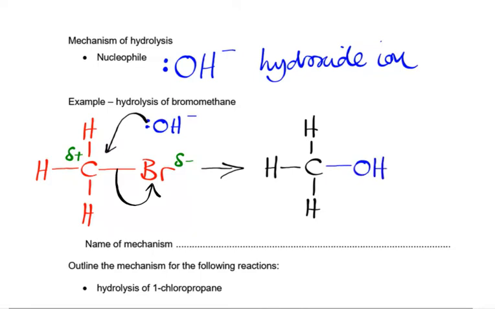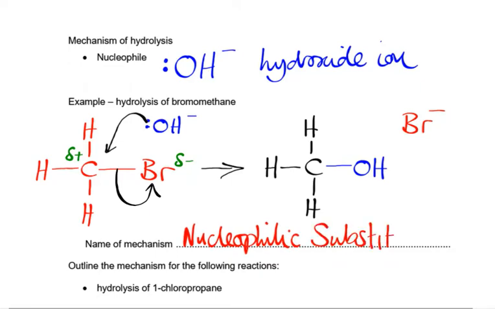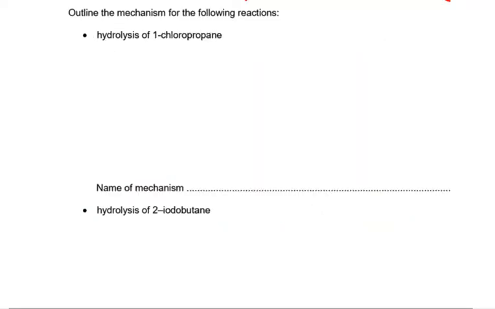So the oxygen is now bonded to the carbon, and we've kicked out the bromine in the form of a bromide ion. The mechanism, as all of these will be, is nucleophilic substitution.